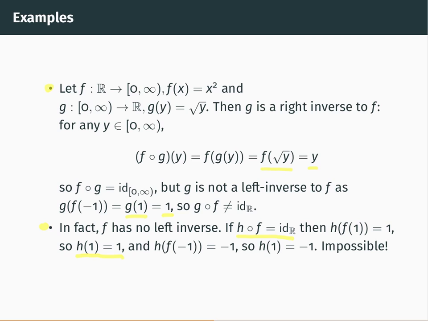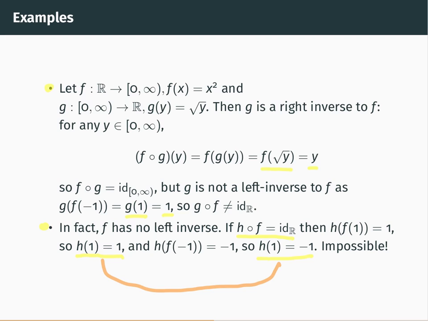Now, playing the same game with minus 1, if h composed with f is the identity, then h of f of minus 1 must be minus 1 again. But minus 1 squared is 1, so this time we need h of 1 is minus 1. Now those two conditions are not possible because h can't have two different outputs for the same input. We have our contradiction, so there is no left inverse to f.